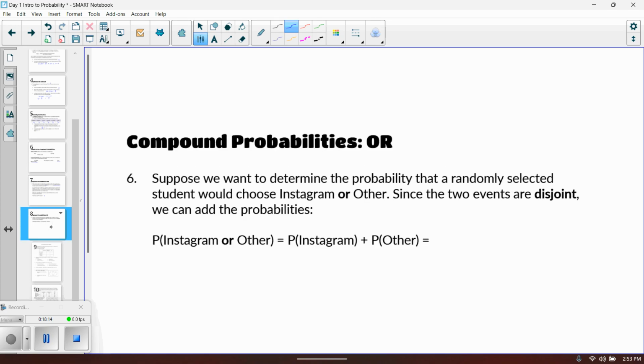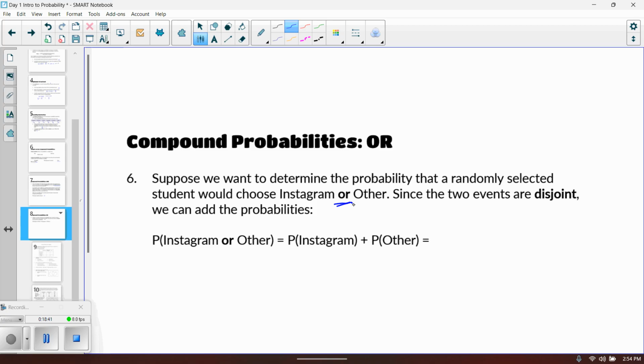The or statement. This one's a little bit more tricky for a lot of people to understand, but in general, it's not that bad. Suppose you want to determine the probability that a randomly selected student would choose Instagram or other. So a big difference here in the word or as opposed to and. Since the two events are disjoint, we can just add the probabilities together.